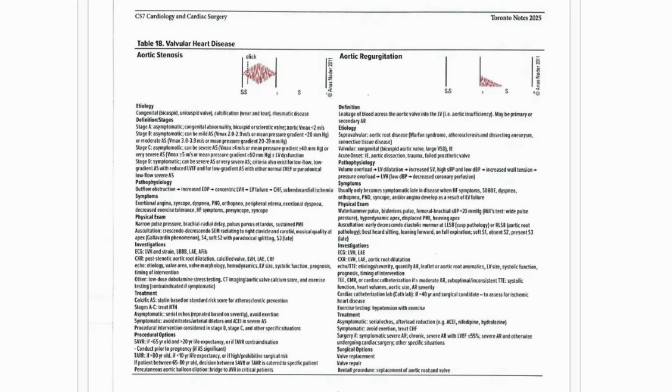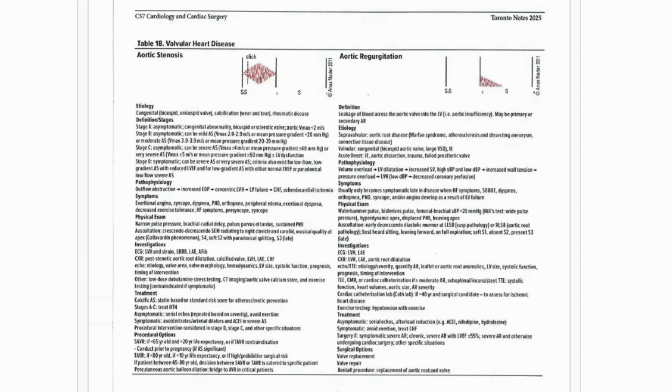Investigations. According to Table 18, investigations include ECG demonstrating left ventricular hypertrophy, left atrial enlargement, left bundle branch block, or atrial fibrillation.